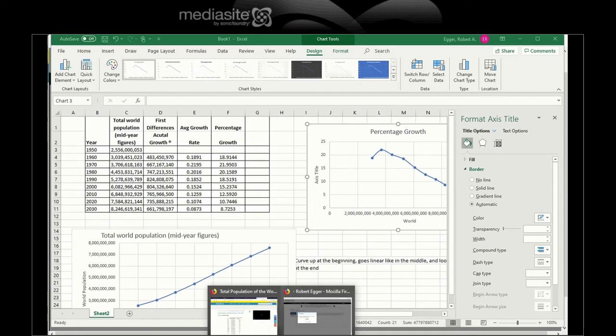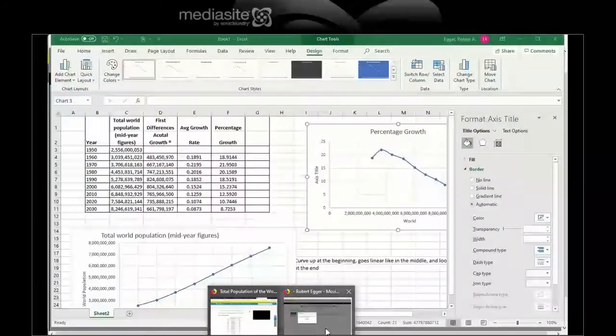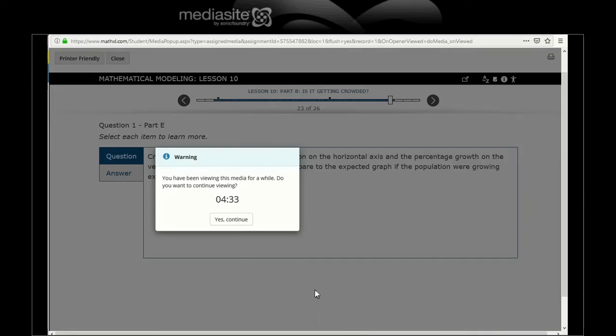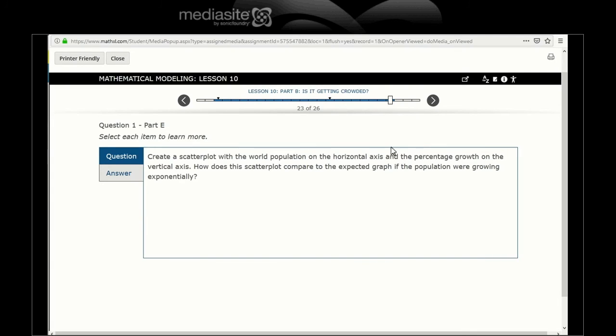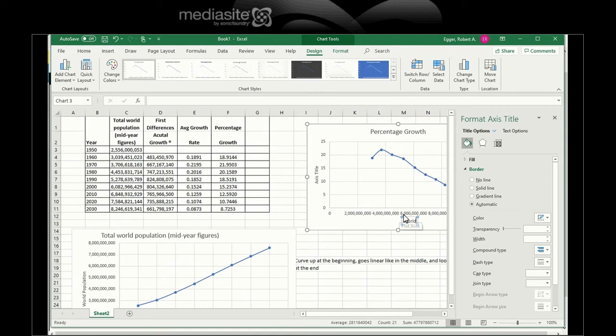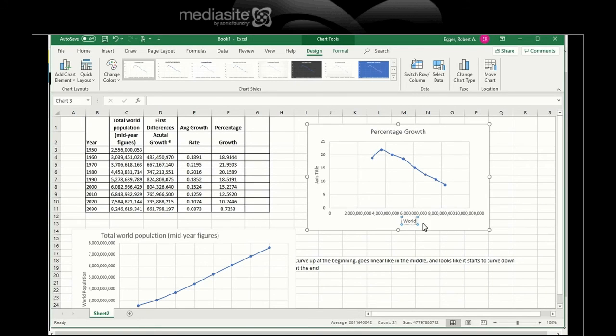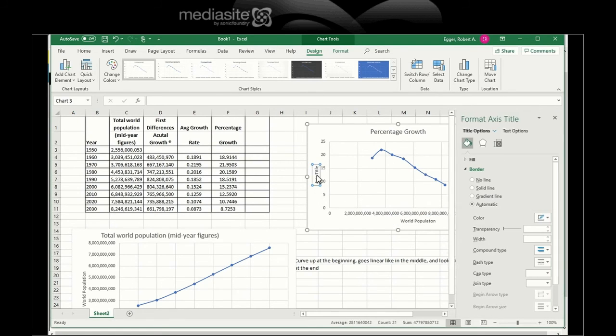Actually, I had this one correctly. Uh-oh. Yep, world population horizontal, percentage growth on the y. Go away. World population, percentage growth.